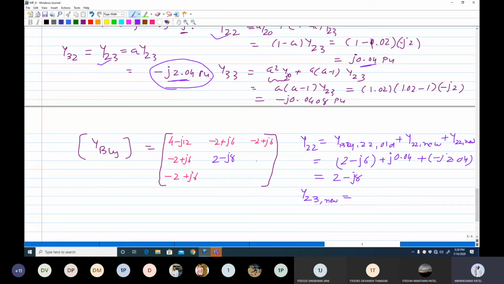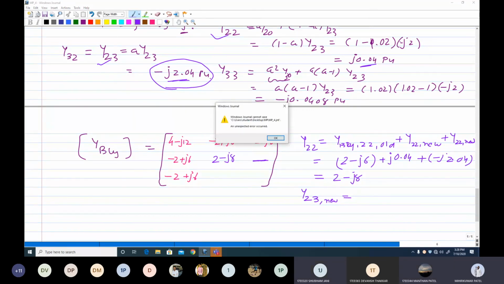So what will I write over here at this place at 2,3? What change will come? Y23 old plus Y23 new.